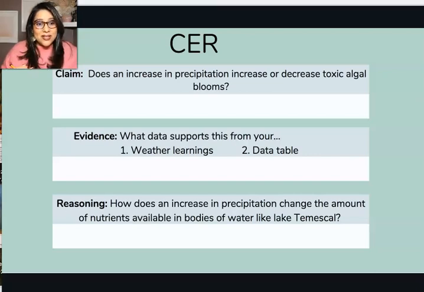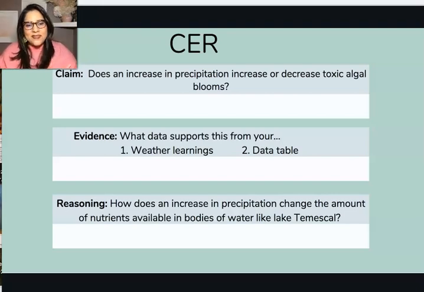For your evidence portion, I want you to think about what data supports this from your weather learnings and your data table with quantitative data. And for your reasoning part, I want you to think about how an increase in precipitation changes the amount of nutrients available in bodies of water like Lake Temescal.